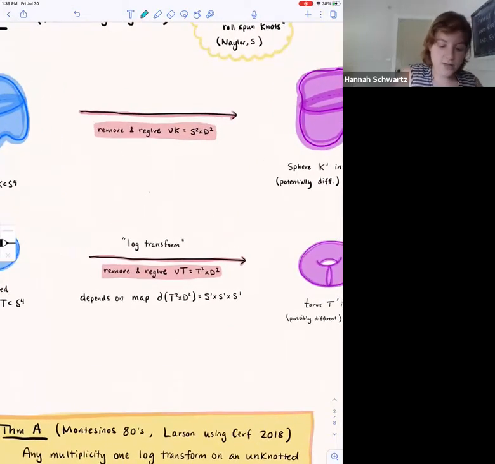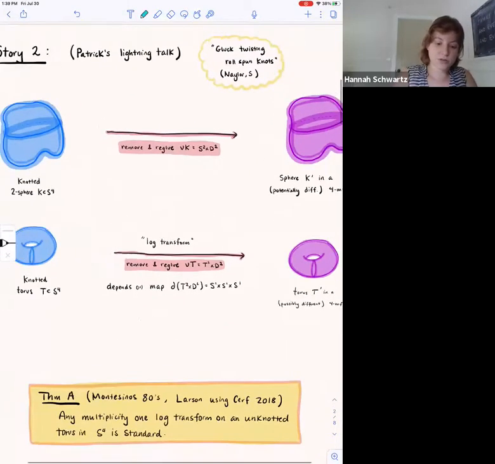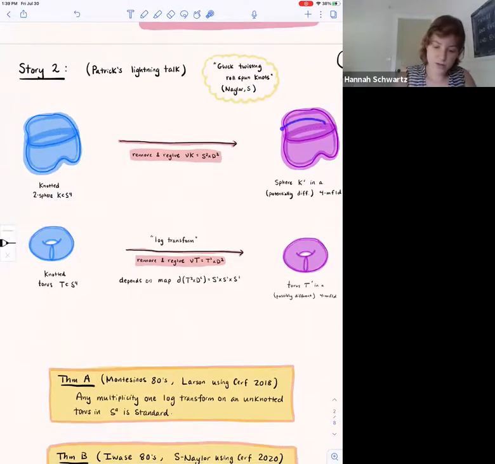So the manifold that I get as a result, this manifold over here on the right, obviously depends on the gluing map you use. So it depends on some automorphism of the boundary of this tubular neighborhood.